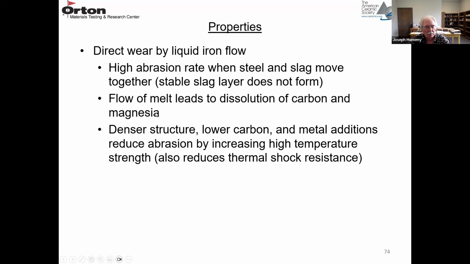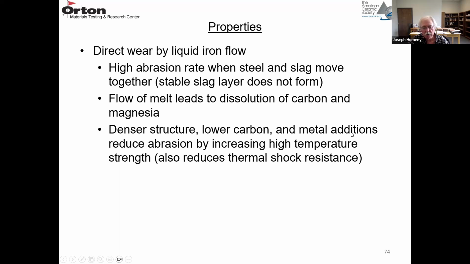So in order to prevent this, you want to make the densest structure possible. The carbon is the softest material, soft relative to the MgO, so it's going to abrade or wear faster. So you want a dense structure, a low carbon content.